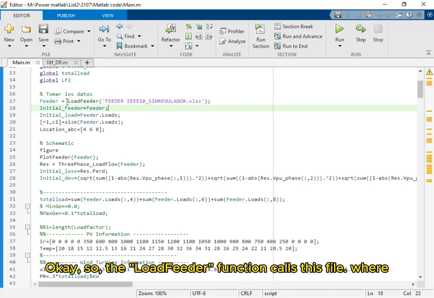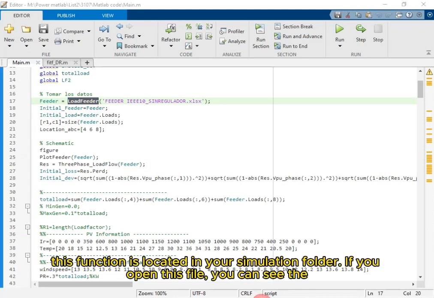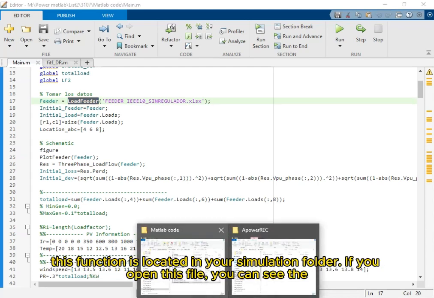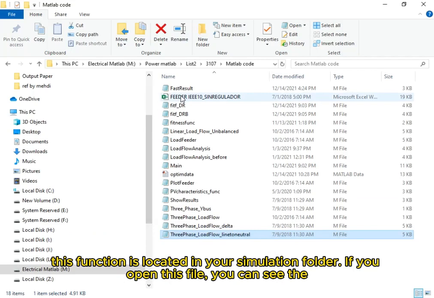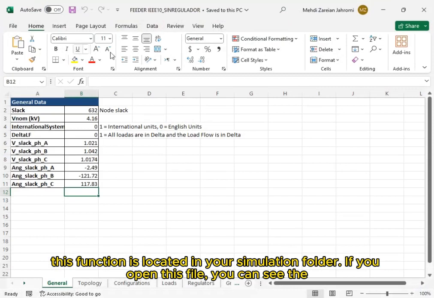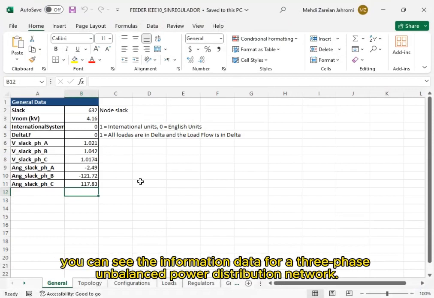So the load feeder function calls this file, where this function is located in your simulation folder. If you open this file, you can see the information data for a three-phase unbalanced power distribution network.